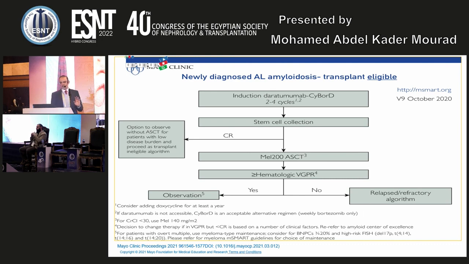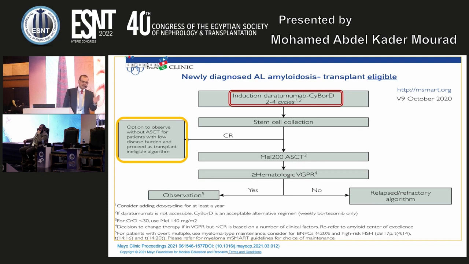What about the mSMART 2020 update regarding AL amyloidosis? If we are treating a newly diagnosed, transplant-eligible patient, we will induce with daratumumab plus Velcade, Endoxan, and dexamethasone for 2 to 4 cycles. Then we will go for stem cell collection. If he is in hematological complete remission, we will observe or transplant the patient.